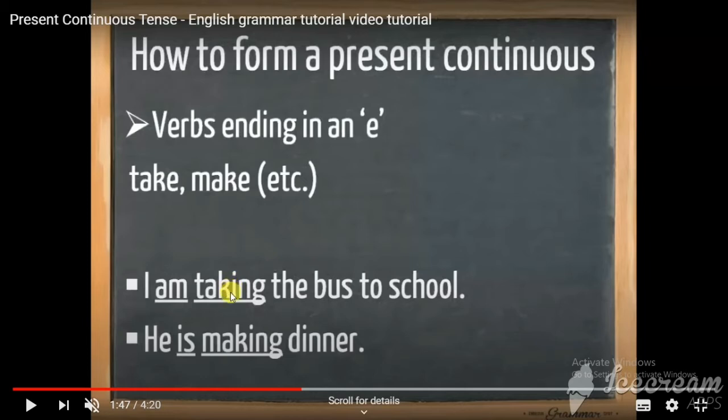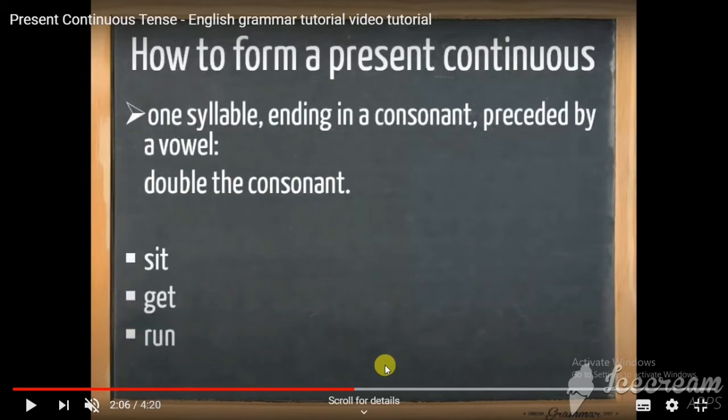We drop the E, then add ing to the verb. He is making dinner. Making. We drop the final E, then add ing to the verb. So, if the verb ends with one E, we drop the E, then add ing to the verb.